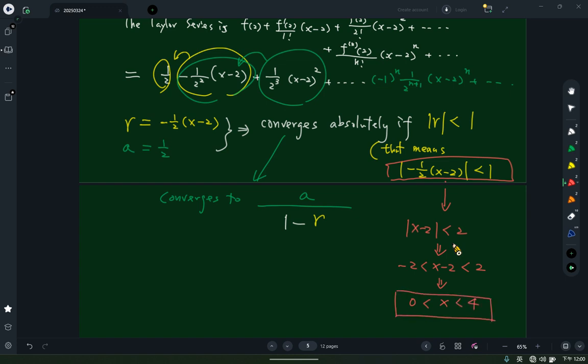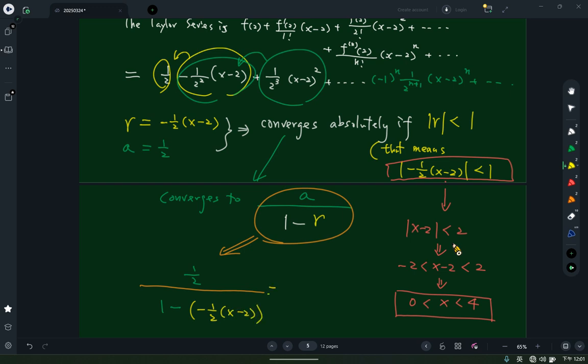Okay, then if we want to know the convergent number, A is 1/2, R is negative 1/2 times x minus 2.